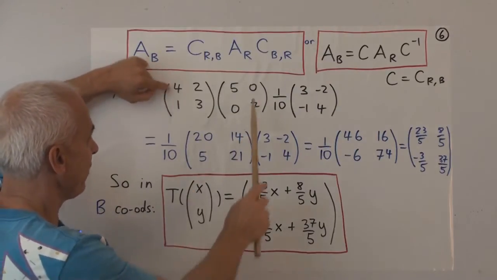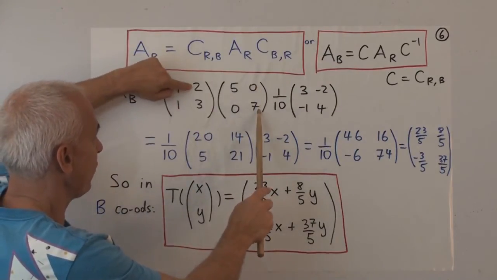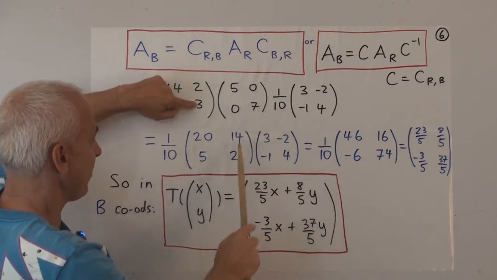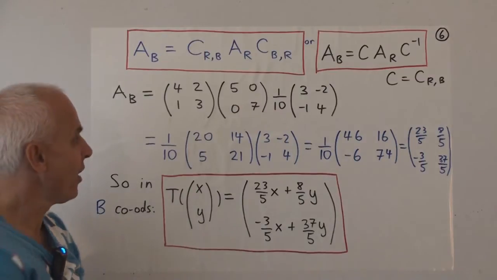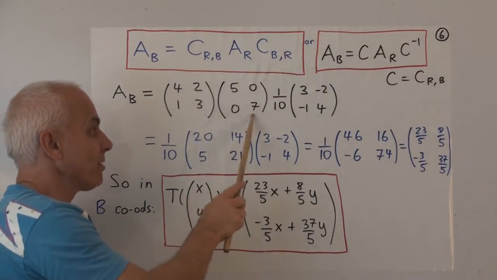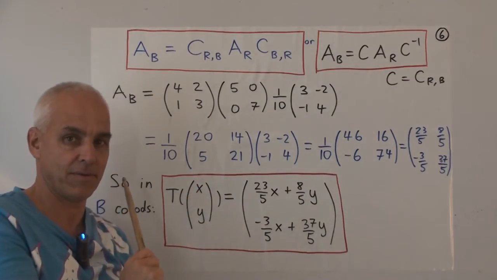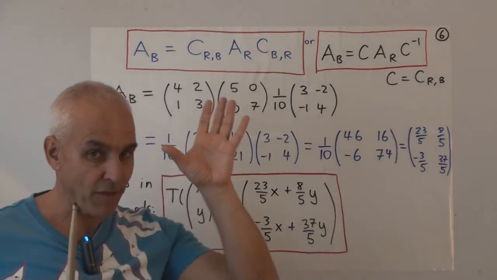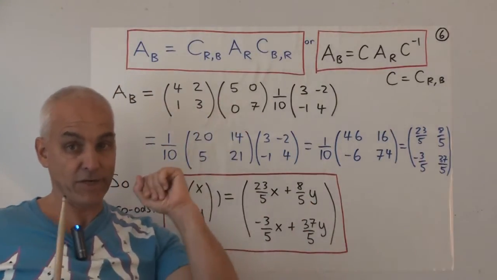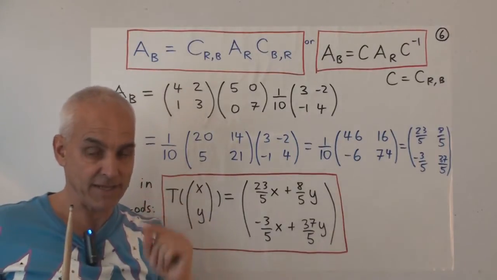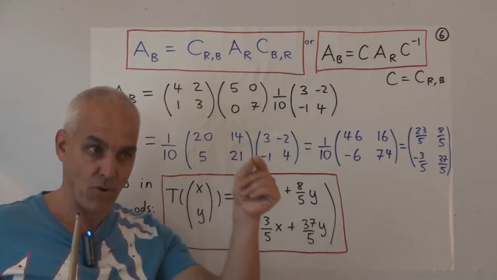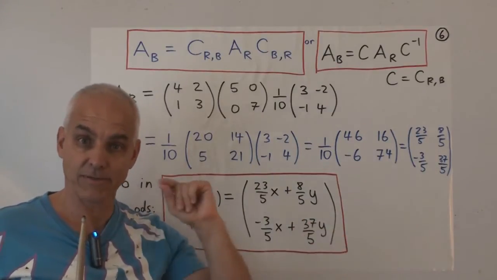And the second column: 0 times 4 plus 2 times 7, that's 14. 0 times 1 plus 3 times 7, that's 21. Obtained from this second column by multiplying it by 7. So if you multiply a matrix on the right by a diagonal matrix, each column gets multiplied by the corresponding diagonal element.